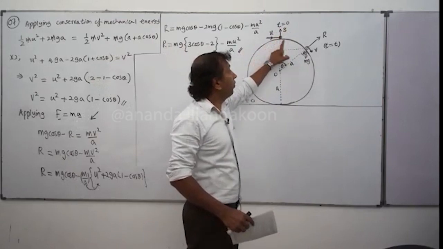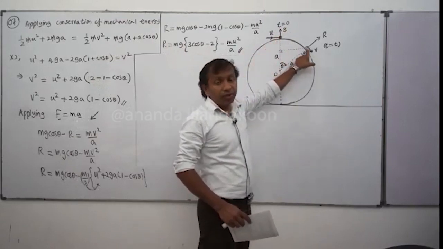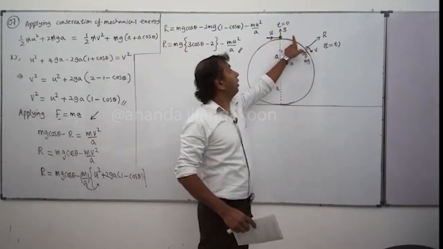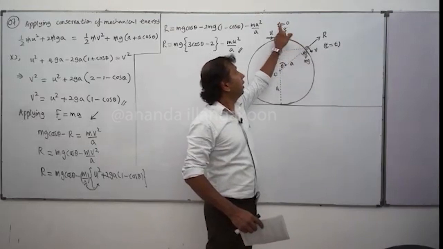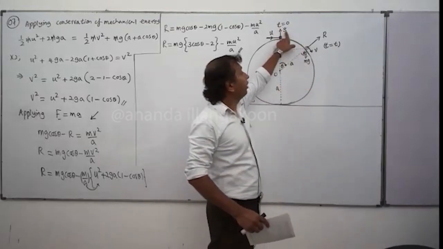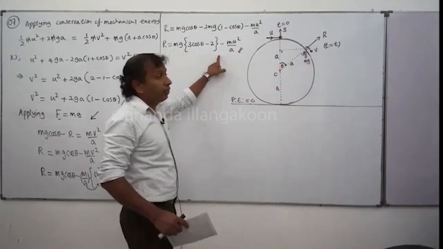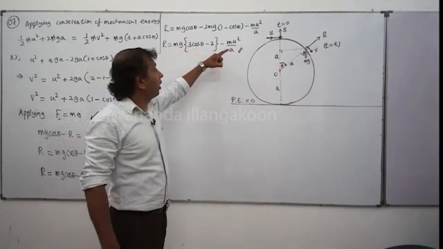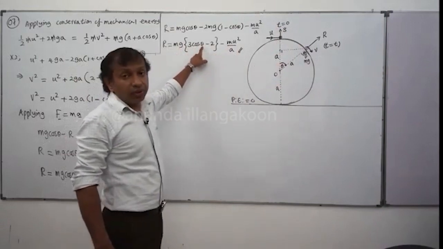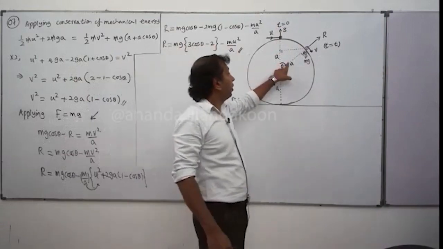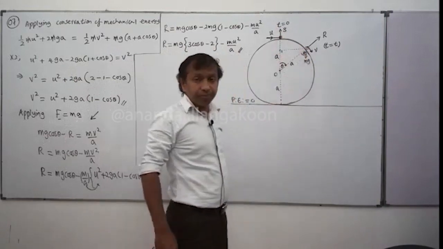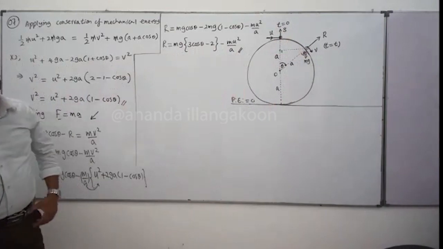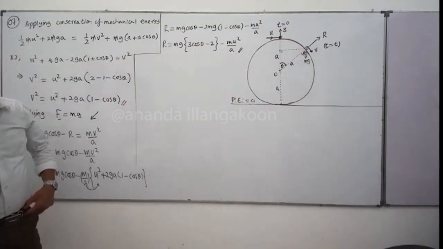So to find S we can use this result, putting theta 0, which means the particle is here. Then you can write the condition like this.